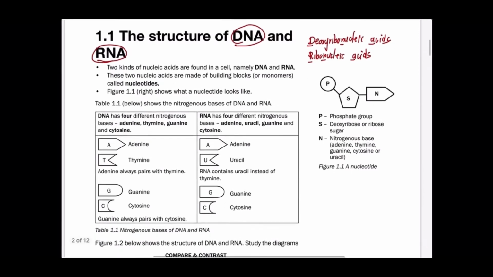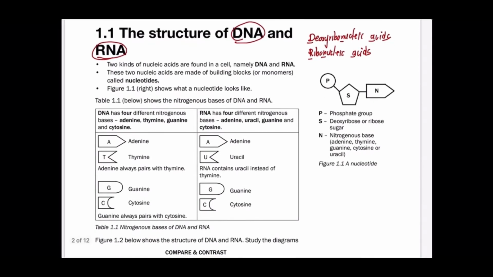As we all know, everything that exists in this world has to be built of something. For a house to be there, you need builders, you need bricks, you need cement, and all those other things. The same applies to our nucleic acids. Our nucleic acids are made up of building blocks which are called nucleotides.